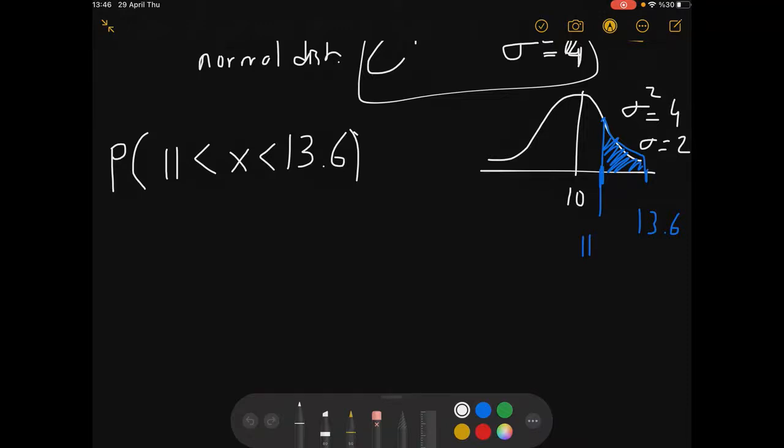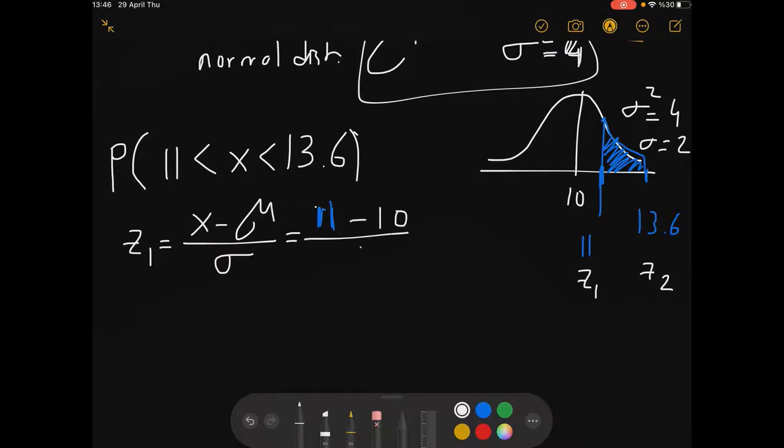So let's call this Z1 and let's call this Z2. Your Z1 is x minus mu over standard deviation, which is namely 11 from your question, minus the mean from your population, over standard deviation 2.